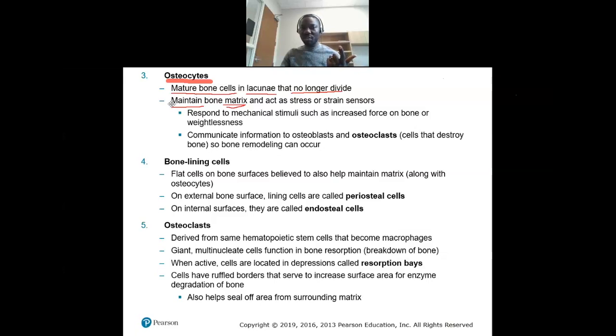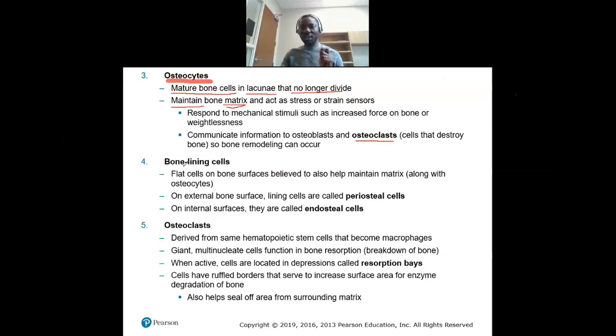The job of the osteocyte is to maintain that matrix. They respond to mechanical stimuli such as increased force on bone or weightlessness. They also communicate information to osteoblast and osteoclast, which I'll be talking about.